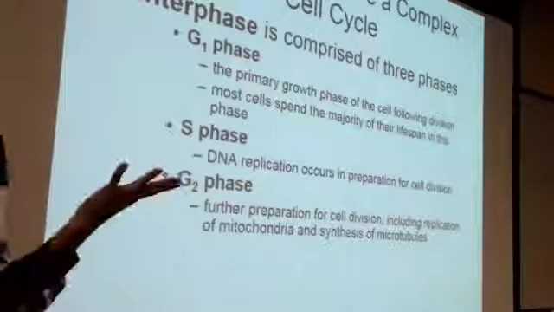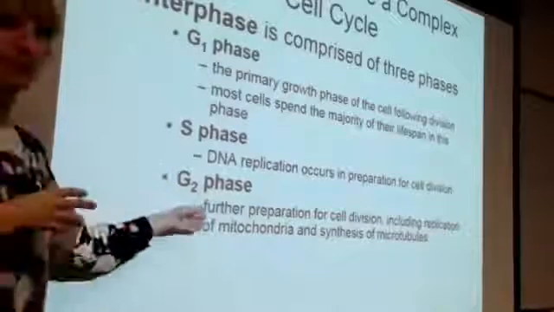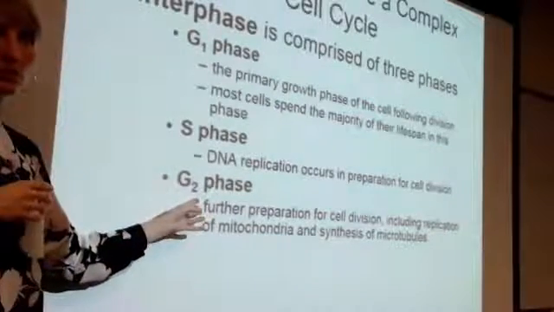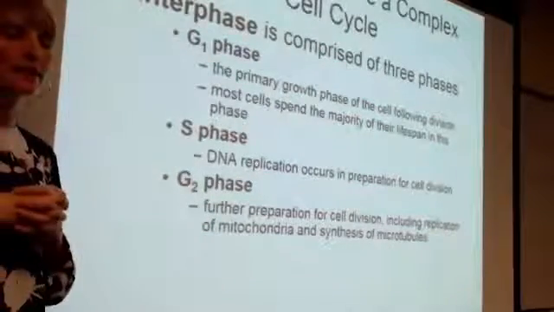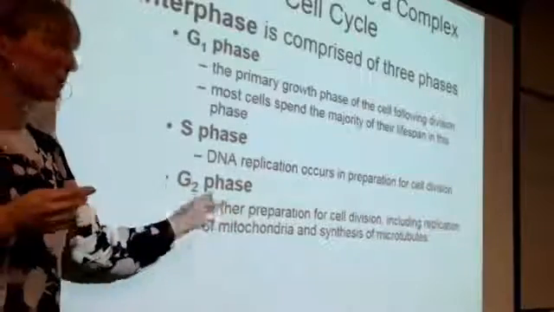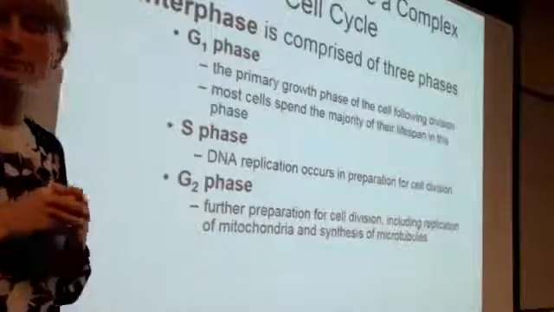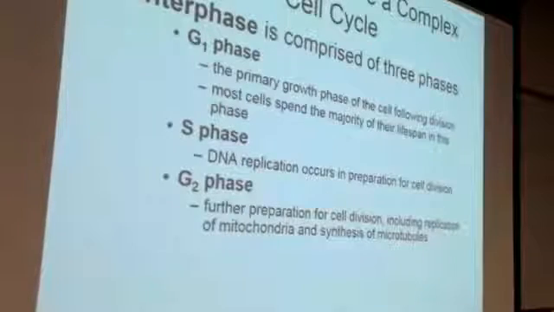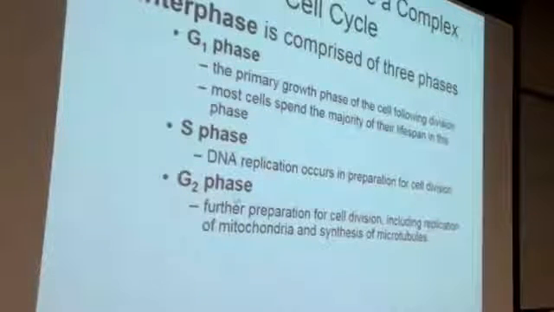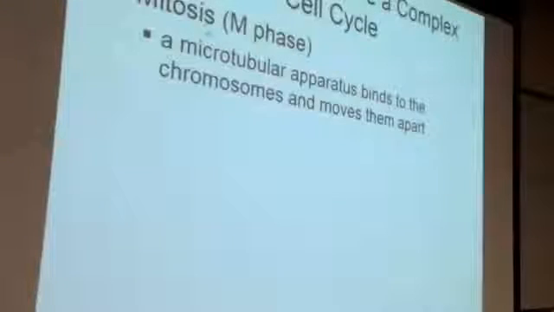For animal cells, the centrioles, that's when they're made, is here in G2. For plant cells, the aster comes about in G2. Once this is done, then it heads right for mitosis, which they're calling the M phase.